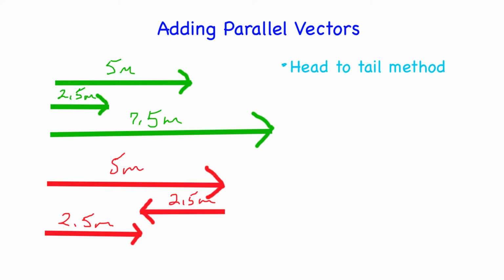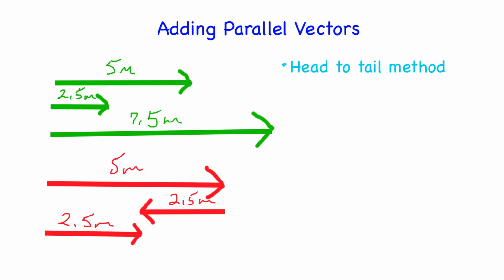The first thing that you need to do in any physics problem is always decide what your coordinate system is, what's your reference point. So we're going to say in this physics class that moving towards the right is positive and moving towards the left is negative. That's standard in most physics classes.